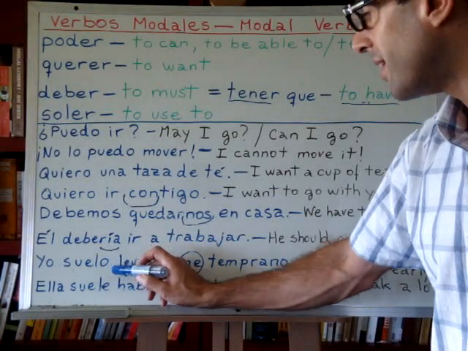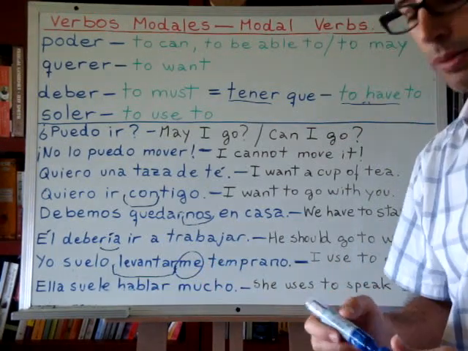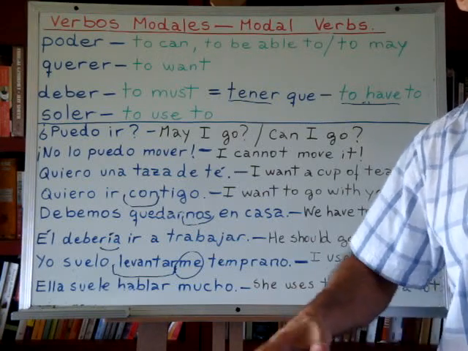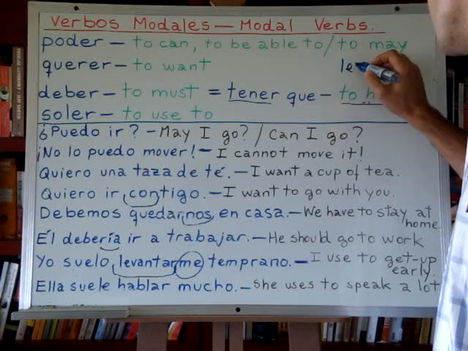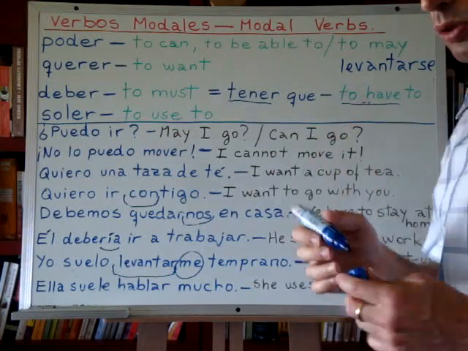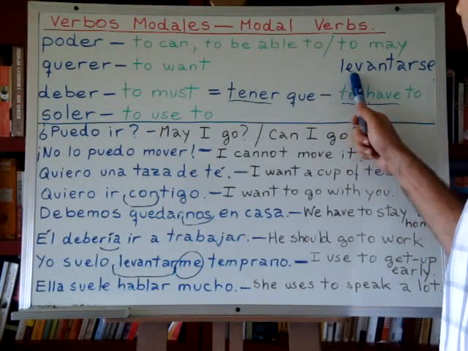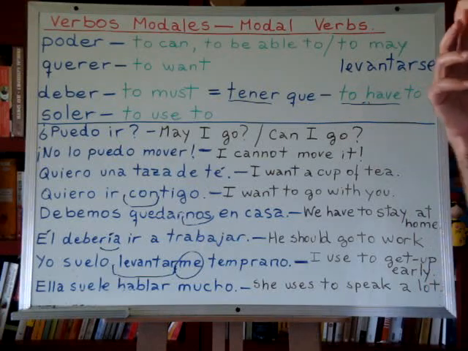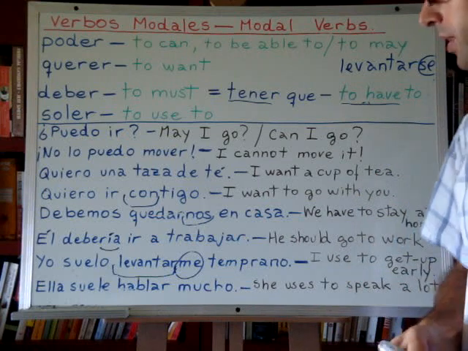Because actually, levantar, just this first part of the verb, levantar means to lift something, right? But to get up, the verb to get up is levantarse, which literally means to lift oneself, okay? This is another of what we call a reflexive verb in Spanish, okay?